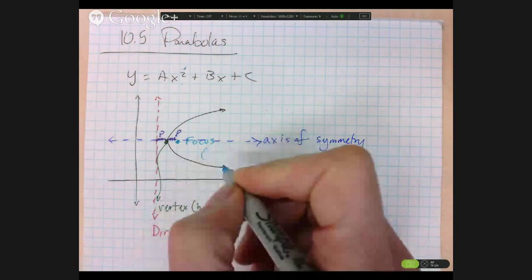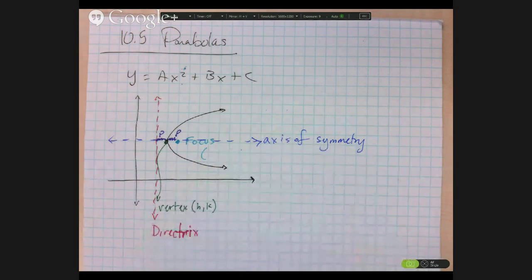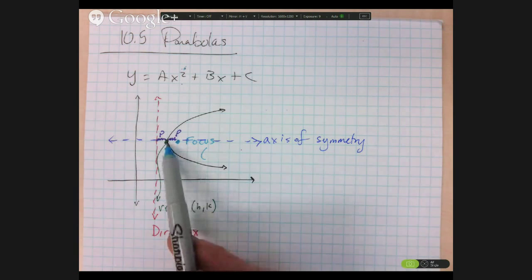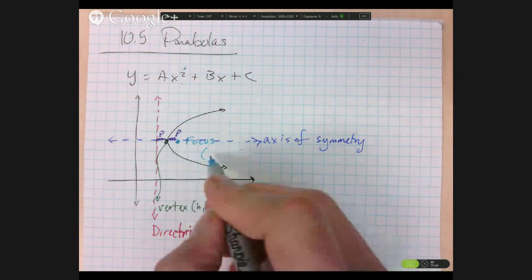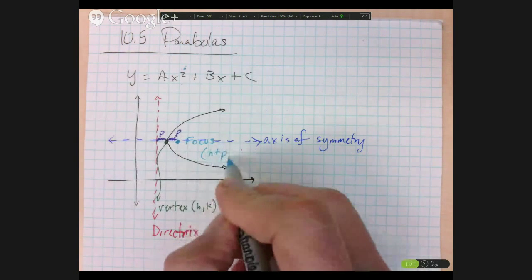The focus on a horizontal parabola. What do I do to change the vertex to get the focus? What do I add to the x value? p, right? So it's h plus p.